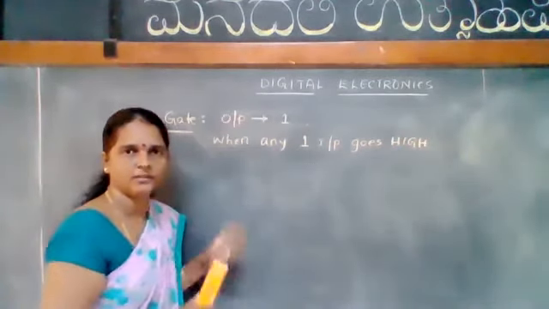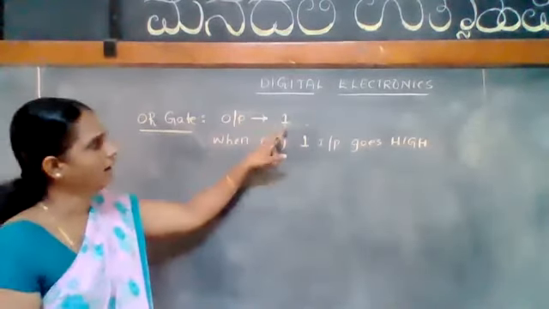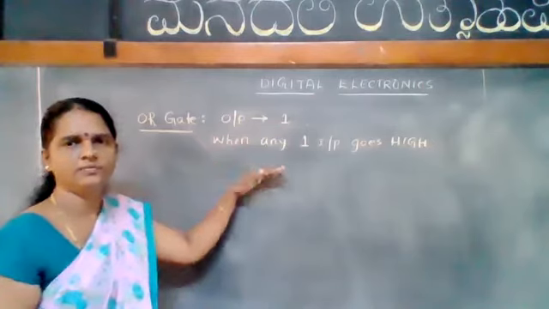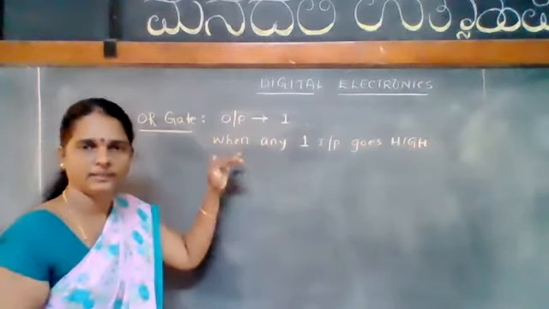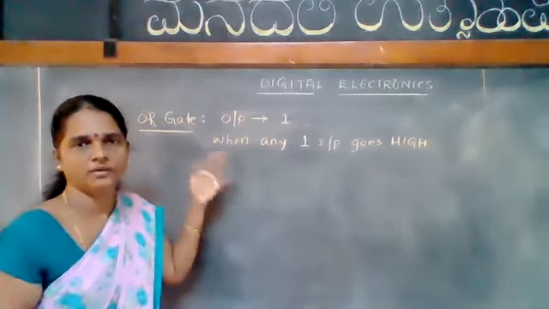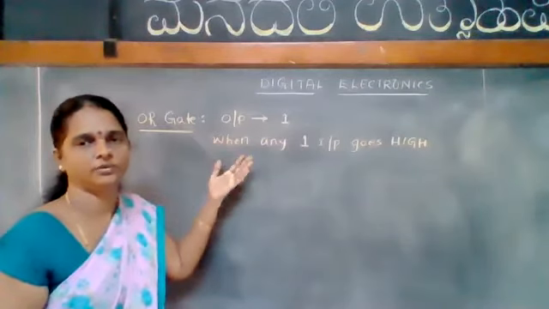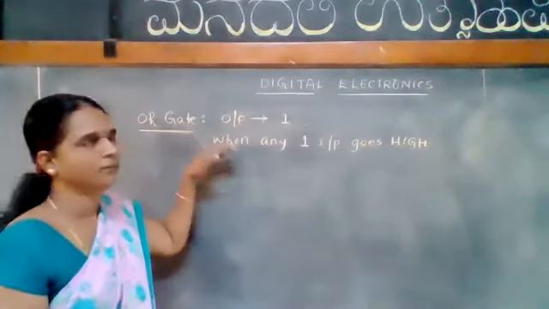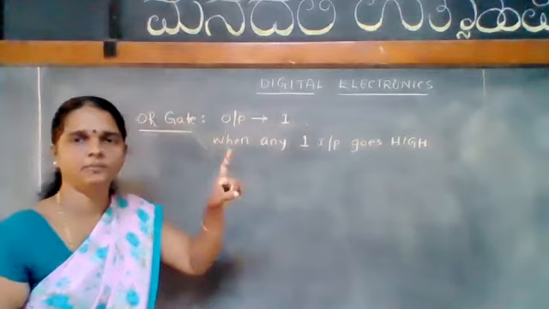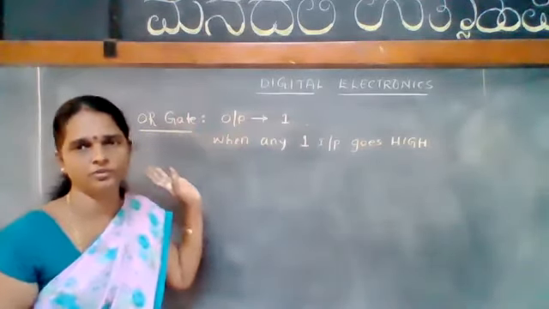Again, this can have more than one input: two inputs, three inputs, four inputs, like that. So when any one of the inputs goes high, the output of this OR gate goes high.